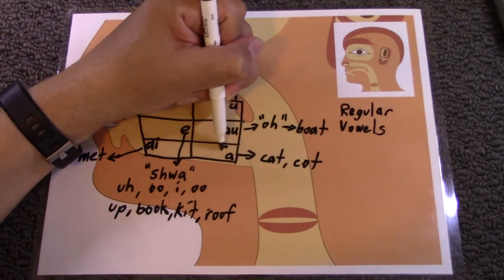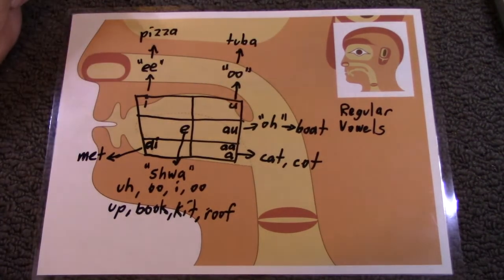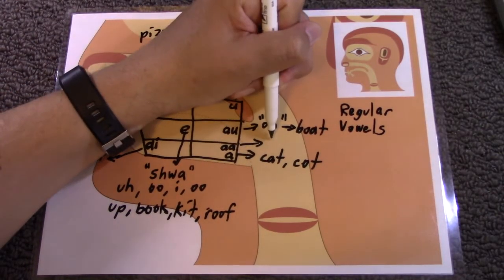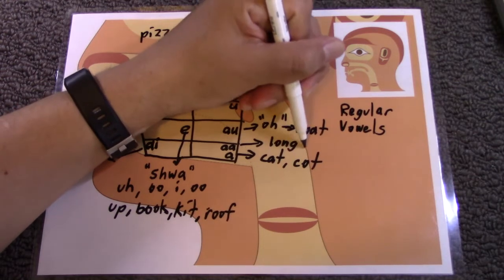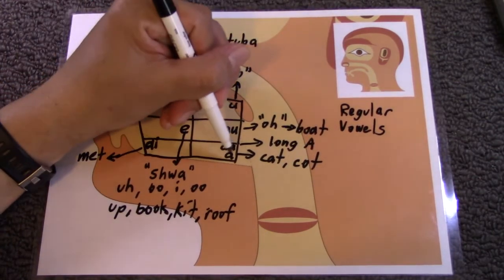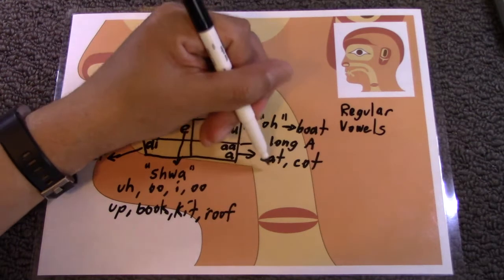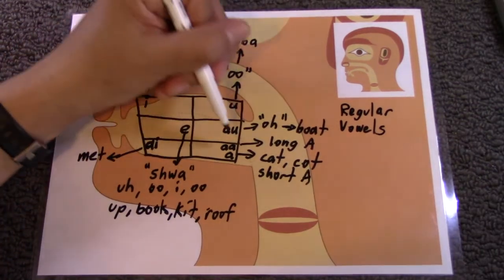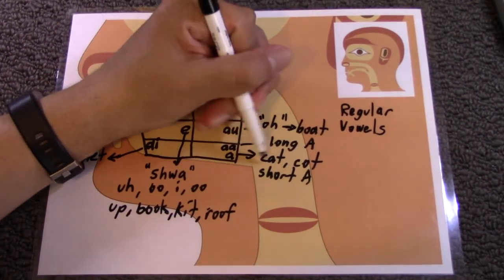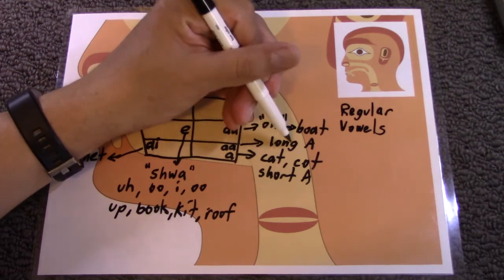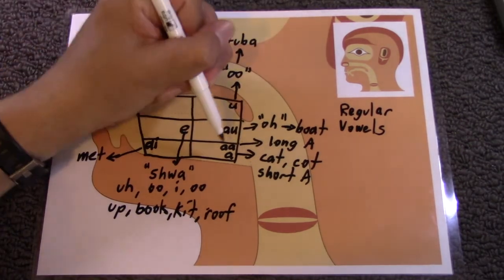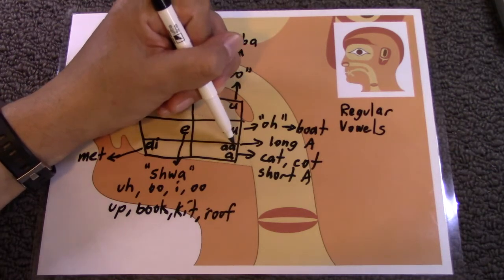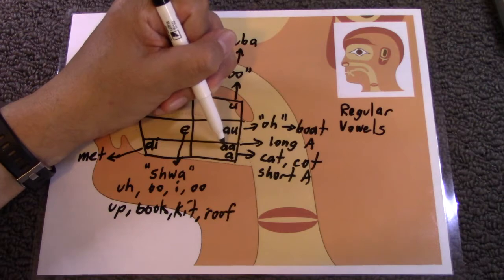We also have, just above it, two A's together. So this is basically a long A. It's the same as the short A here. This is a short A. It makes the same sounds as the short A does, but it's a little bit longer.